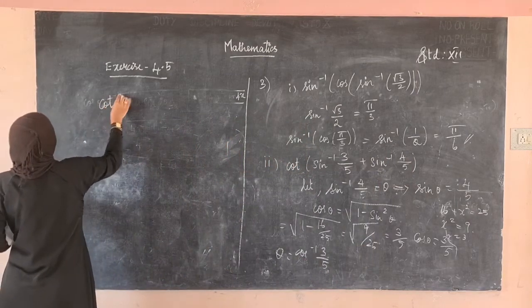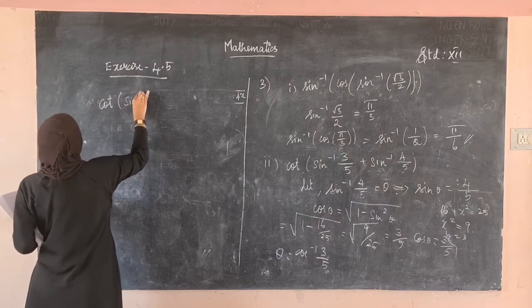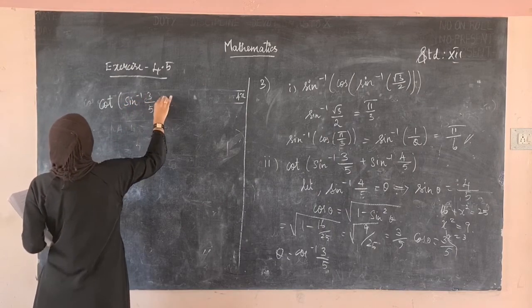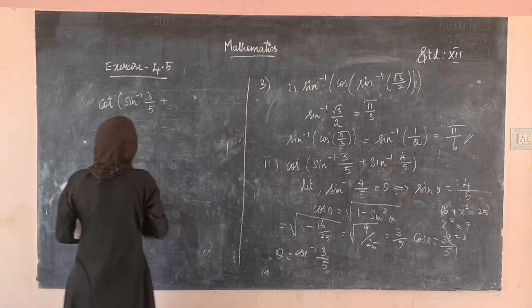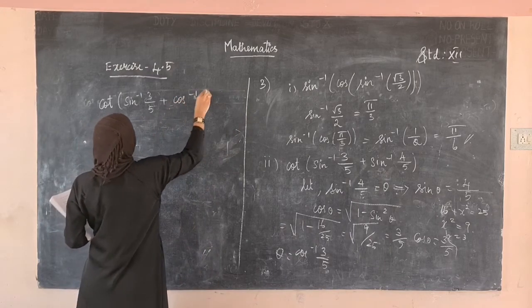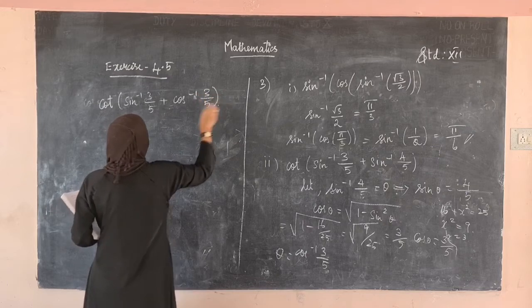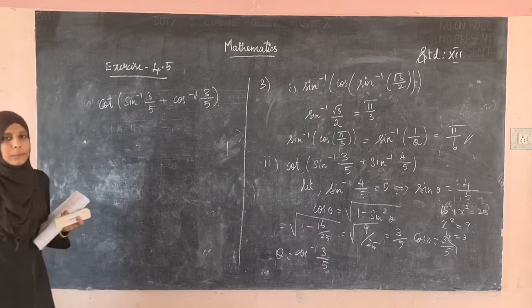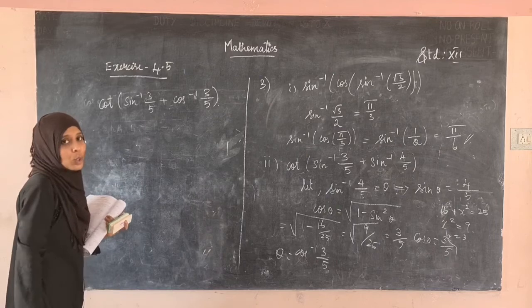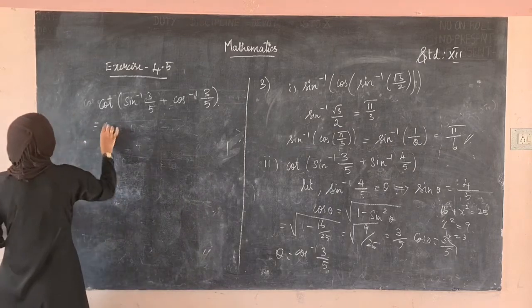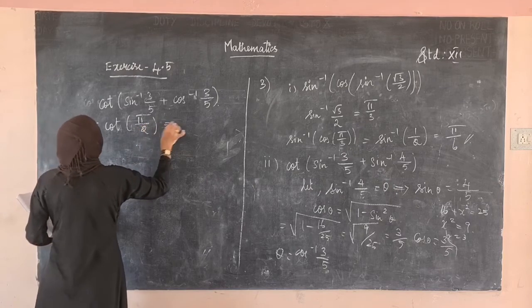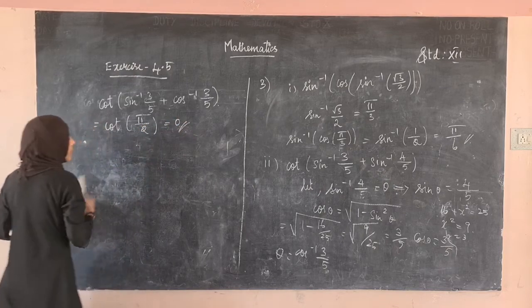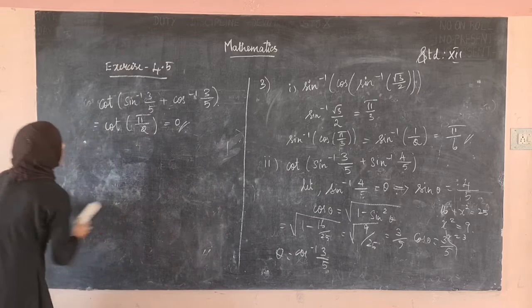So the question becomes cot of sin inverse of 3 by 5 as it is, plus cos inverse of 3 divided by 5. Using the identity sin inverse of x plus cos inverse of x is equal to pi by 2, we can write this as cot of pi by 2. What's the value of cot pi by 2? It is 0. Okay, we have completed this sum.